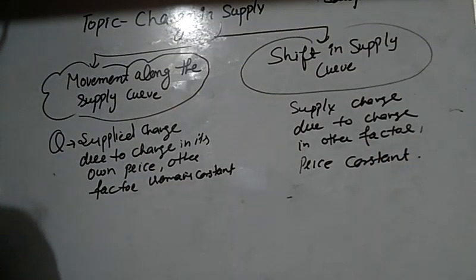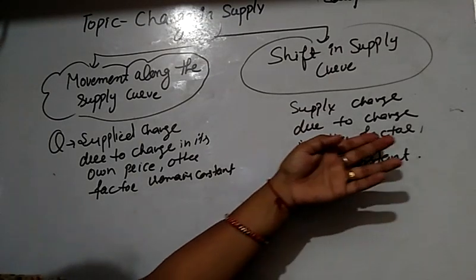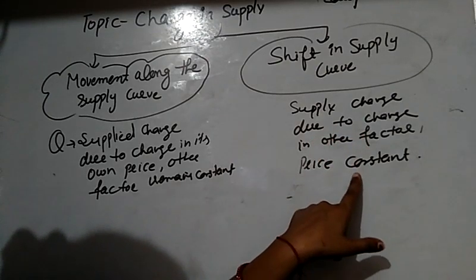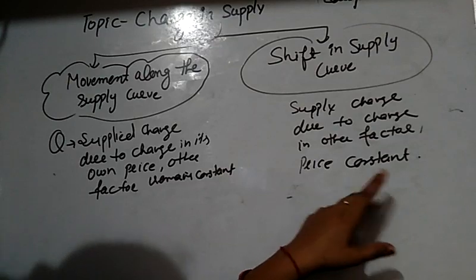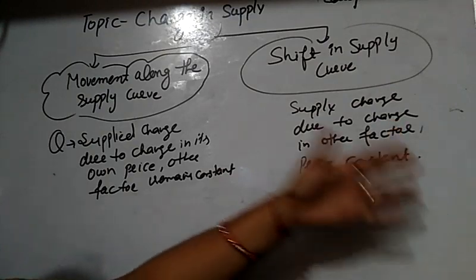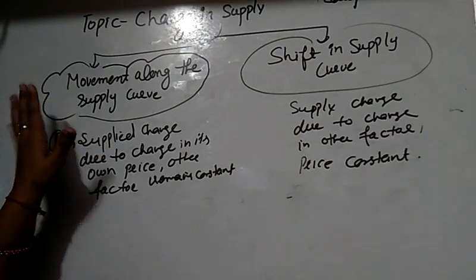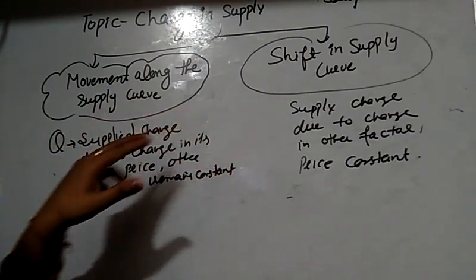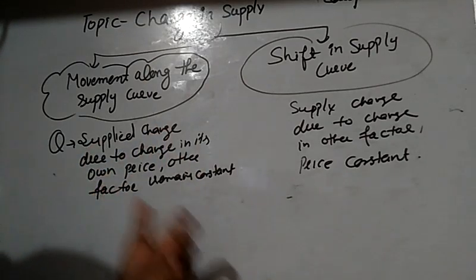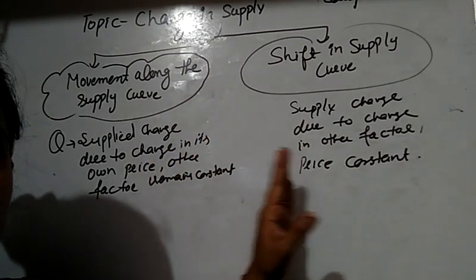Price of the product is the same, no change in price, but the supply curve is shifted due to change in other factors. The opposite of this is movement along supply curve, when supply changes due to change in price and other factors remain constant. So the difference between movement along supply curve and shift in supply curve is clear.